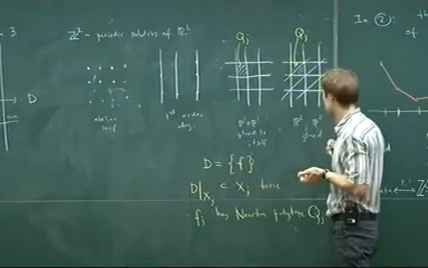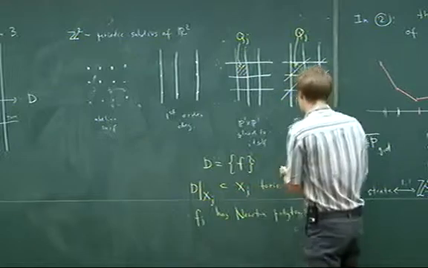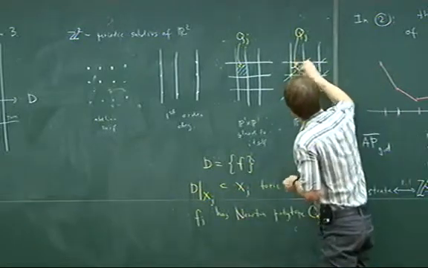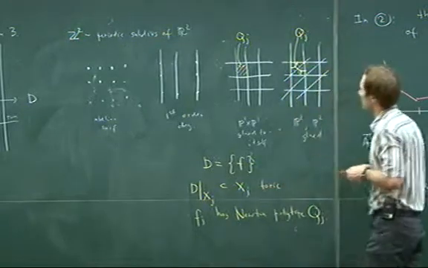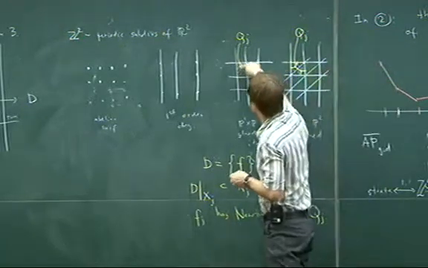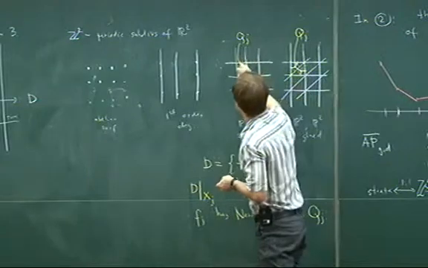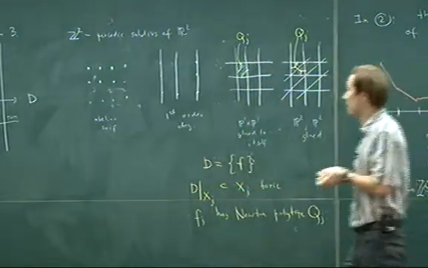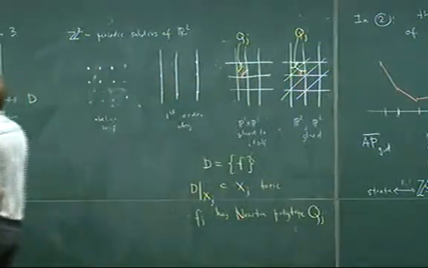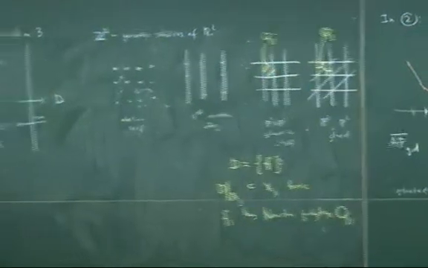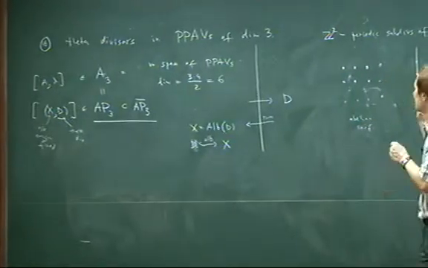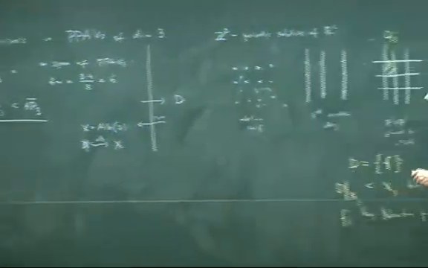So it's a line. In this case, it's a line, and in this case, this is a P1 cross P1, and the theta divisor is a quadric.